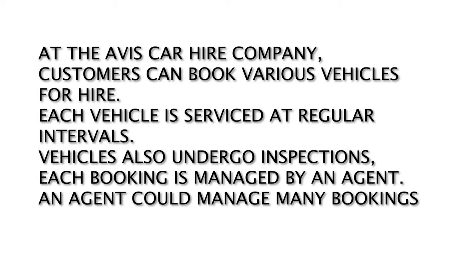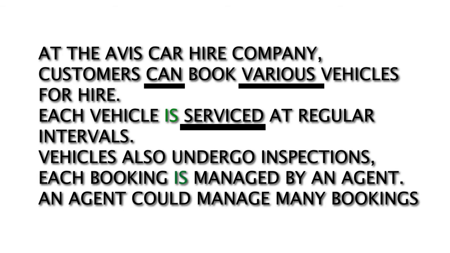If you can check, we have a customer can book various vehicles. Then each vehicle is serviced, we're looking at the word is, at irregular intervals. Vehicles also undergo inspections. Each booking is managed by an agent. An agent could manage many bookings.